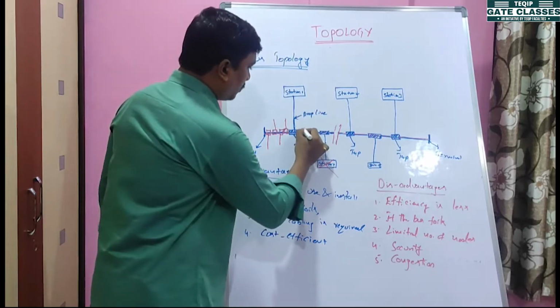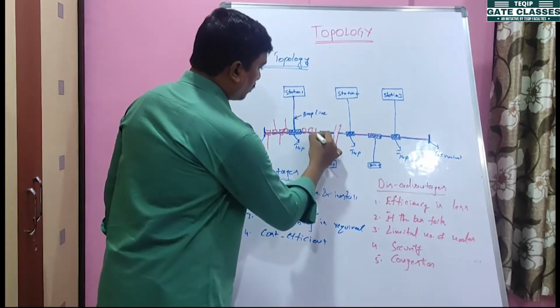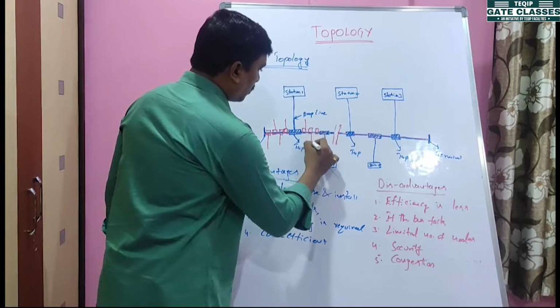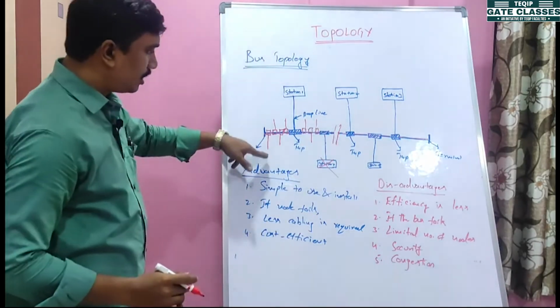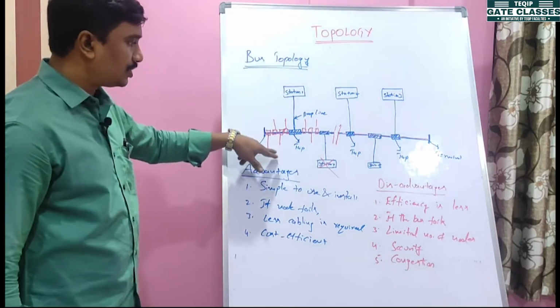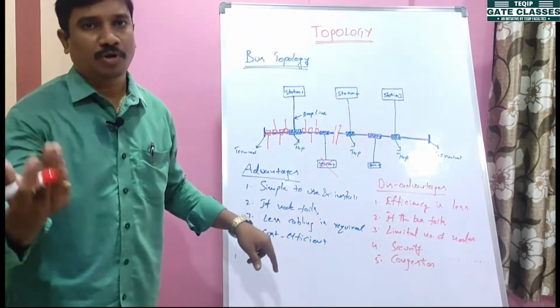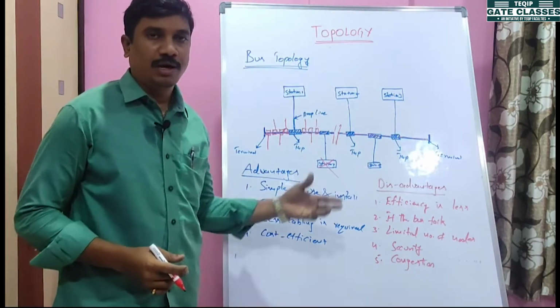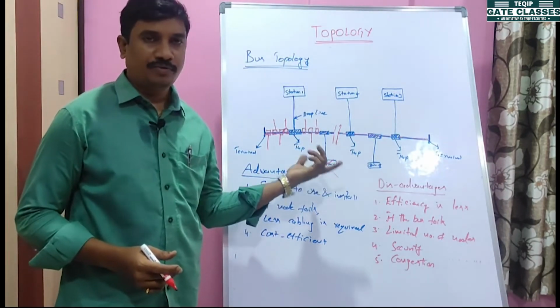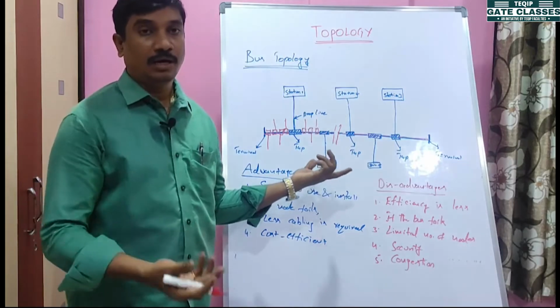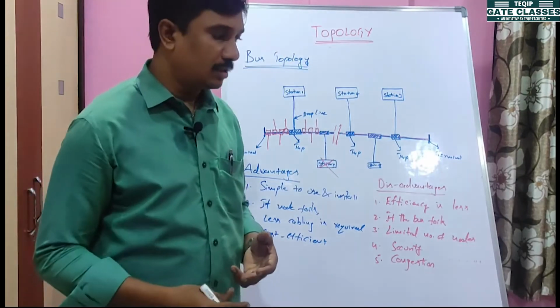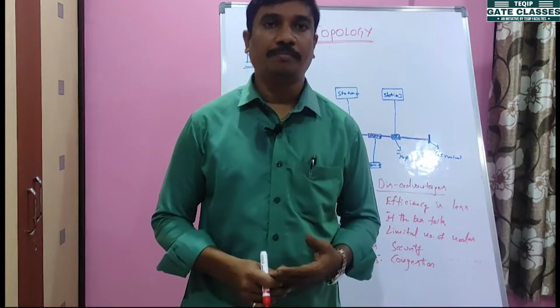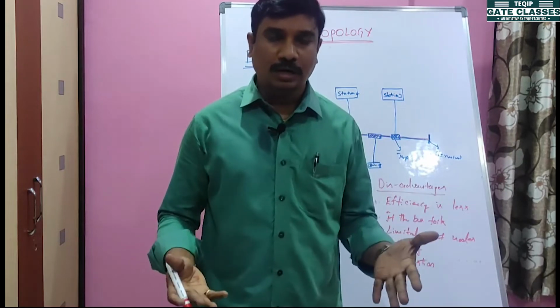Limited number of nodes. Likewise, we have to install the stations. I want to install more stations, more devices. It's not possible. Similarly, take the household municipal tap and the underground pipe.